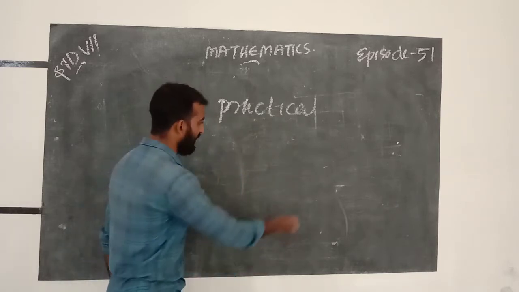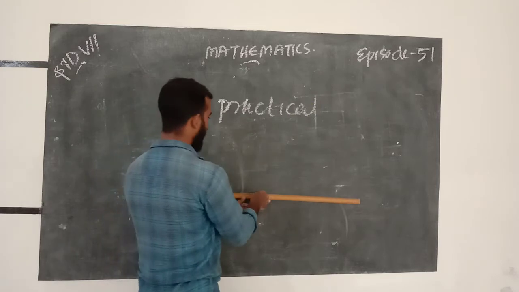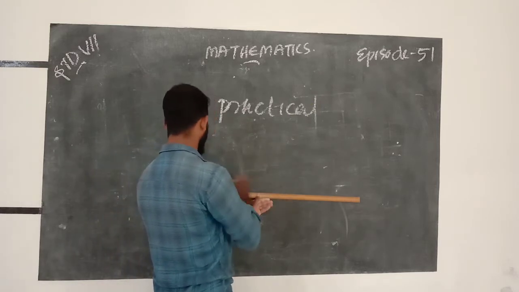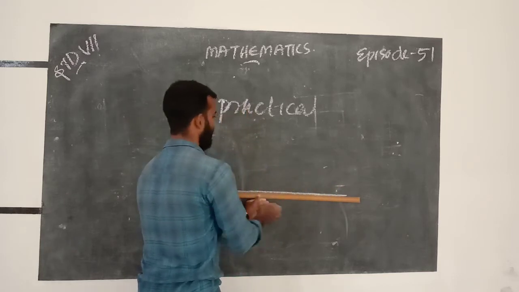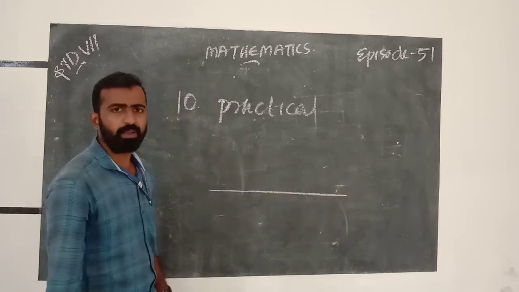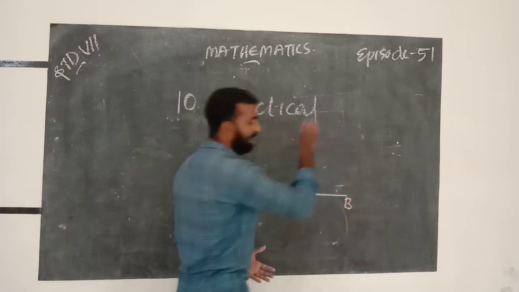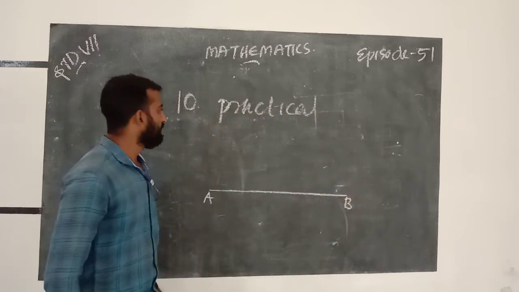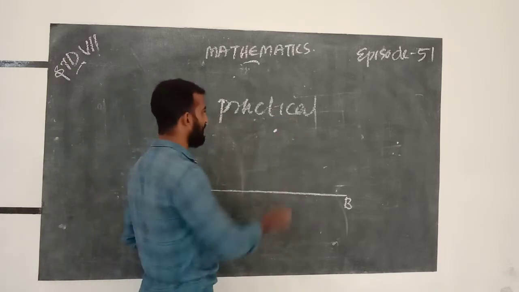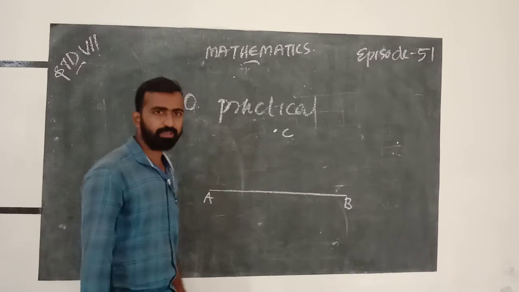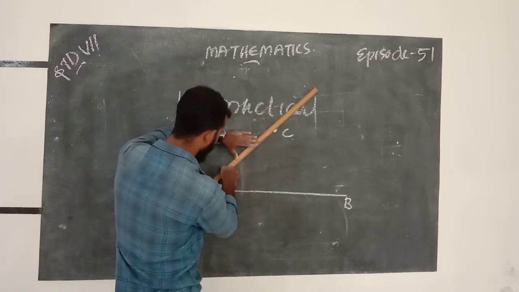I have a line, and we can choose any name. My line name is AB. Then we choose a point outside of AB as C. Then we join AC.